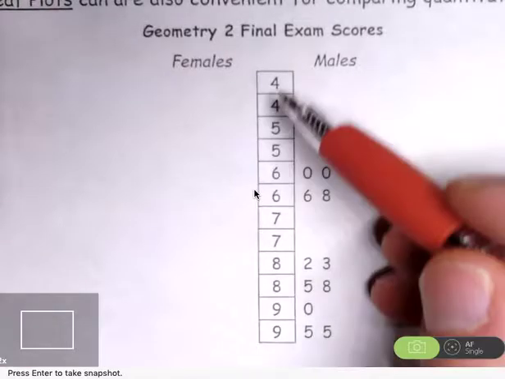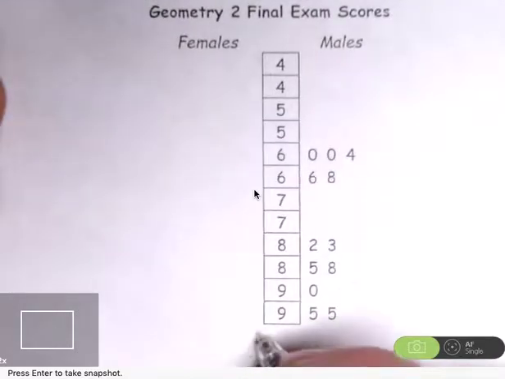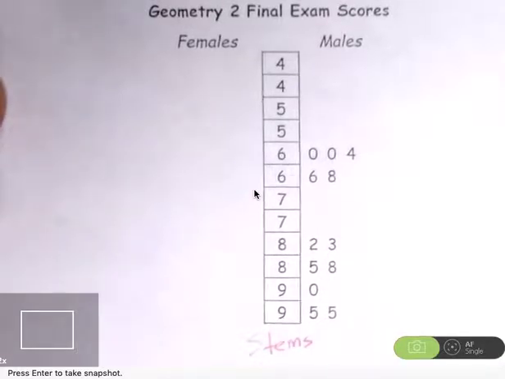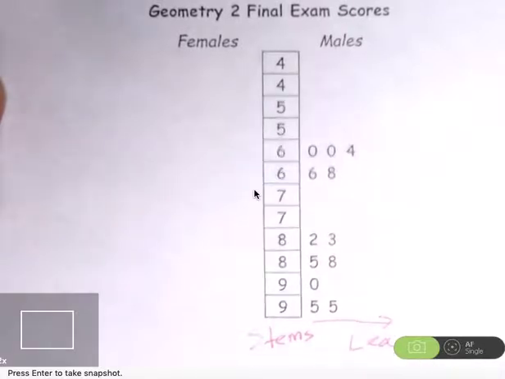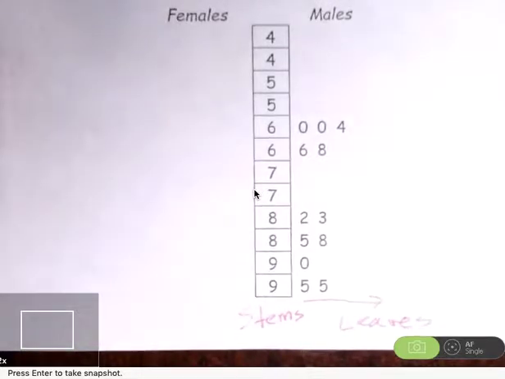So these values here are the stems. They represent the tens place of the percentages that we want to describe. So these here are the leaves. These represent the ones place of the percentages that we want to describe.